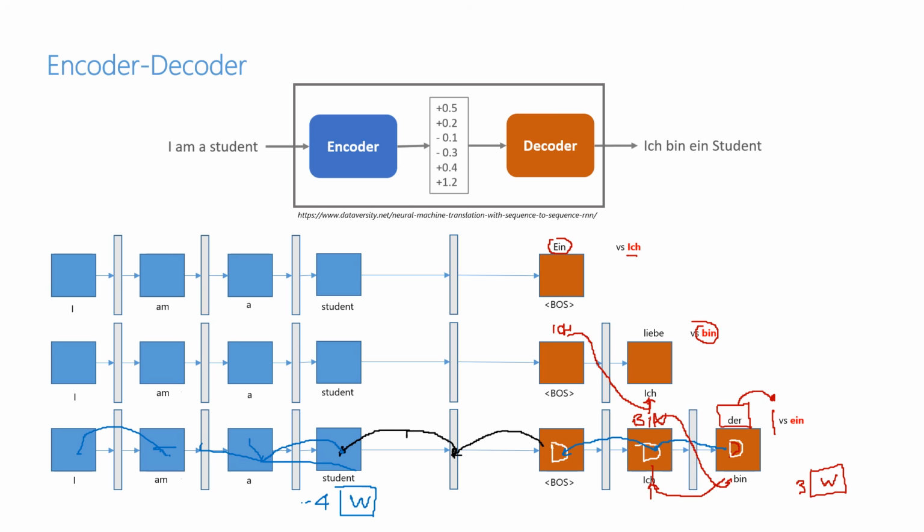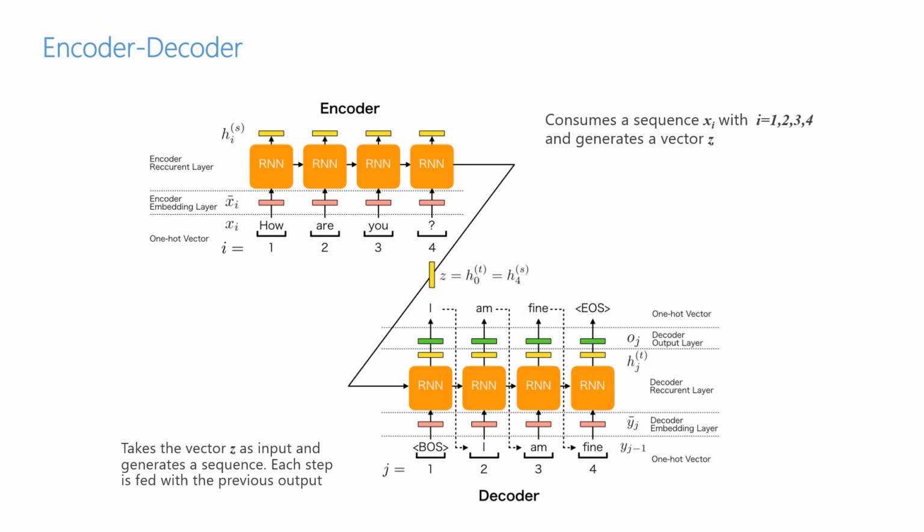Its prediction is there, but we would have expected ein. So when we trigger the network on the next time step, we will provide ein as an input. And so we are back to our encoder-decoder.